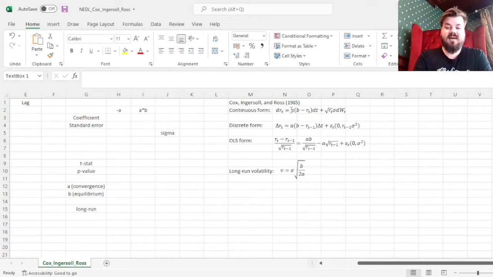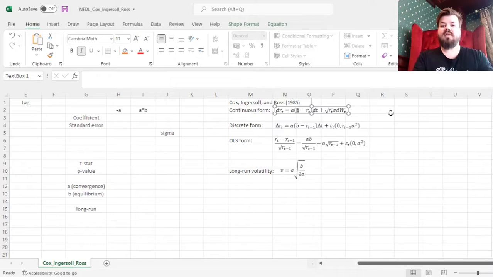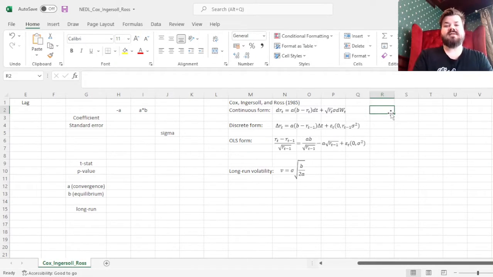So we expect A to be a positive parameter and B to be some positive value of the long-run equilibrium interest rates.